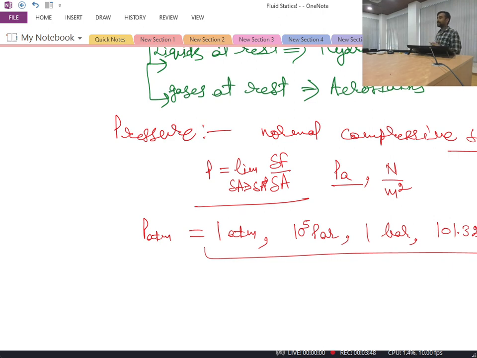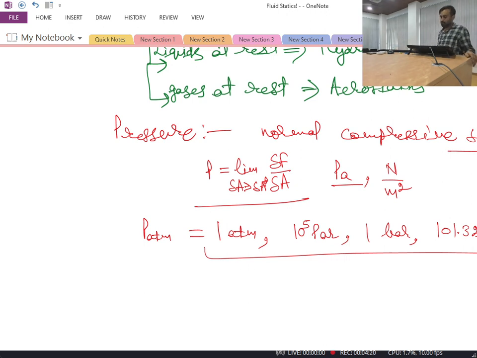Whatever the weight of the air molecules is at the surface where we are measuring the atmospheric pressure, the weight of all the air molecules per unit area of that surface is equivalent to the atmospheric pressure. So this is a common understanding, and we call this 1 bar. But when we assign this value as 1 bar, what is the reference point of the scale? Where is 0 bar?